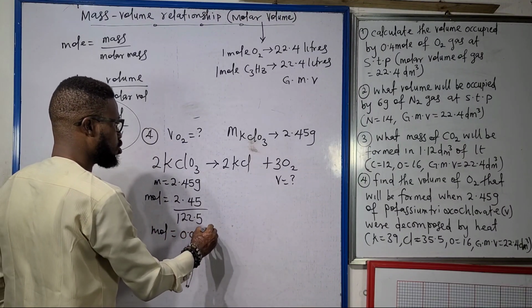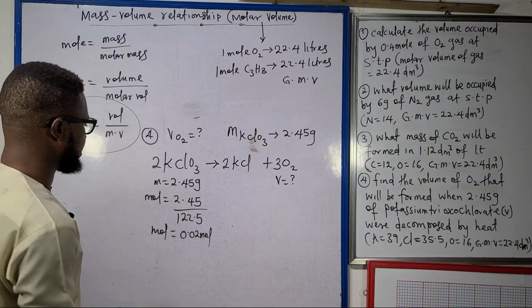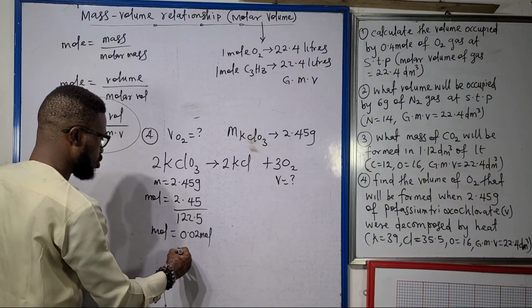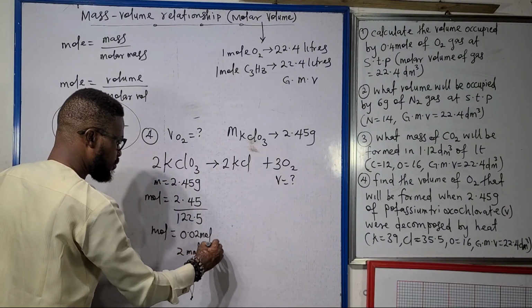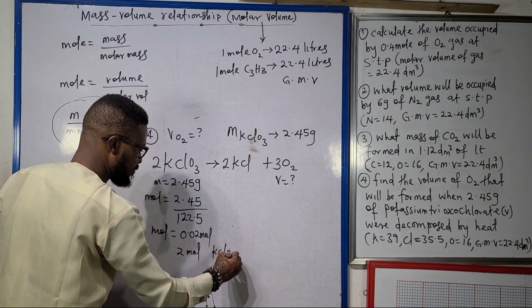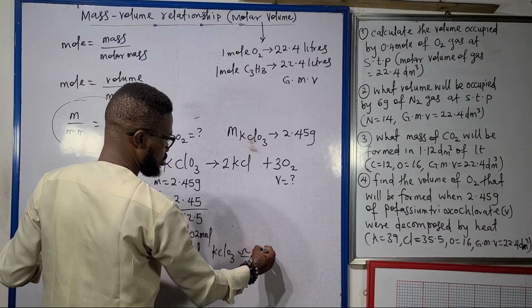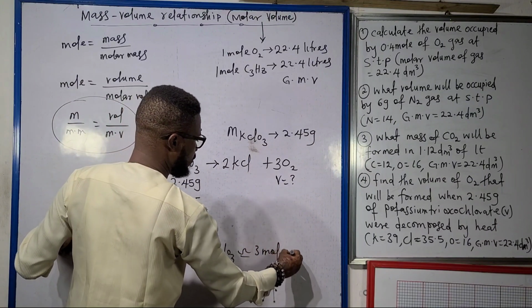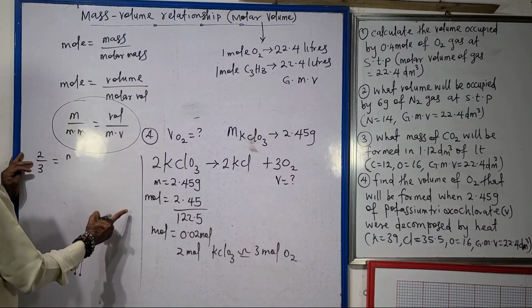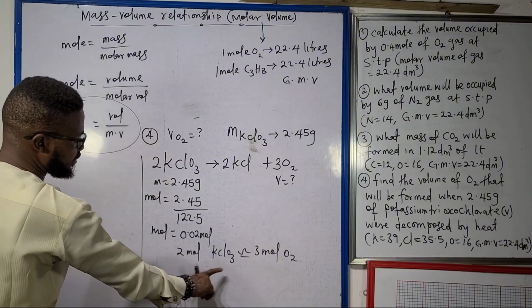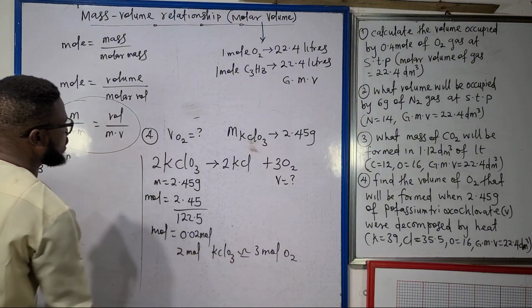0.02 mole. So looking at this, 2 mole of potassium trioxochlorate(V) is stoichiometrically equivalent to 3 mole of oxygen. So 2 moles of KClO3 is stoichiometrically equivalent to 3 mole of oxygen.